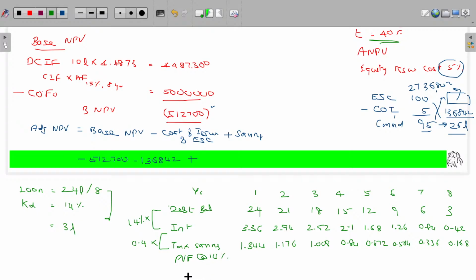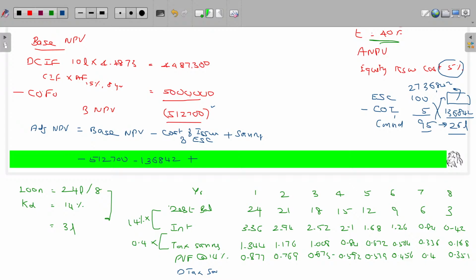For that, KD will be applicable, KD being 14%. 14% PV factor being 0.877, 0.769, 0.675, 0.592, 0.519, 0.456 and 0.4 and 0.351. Now find out that discounted tax savings.